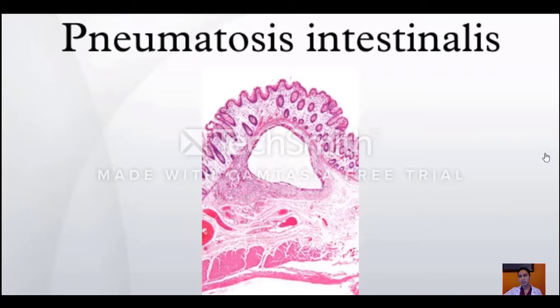The pathogenesis of pneumatosis intestinalis is poorly understood and is likely multifactorial. PI itself is not a disease, but rather a clinical sign. In some cases, PI is an incidental finding, whereas in others, it portends a life-threatening intra-abdominal condition.